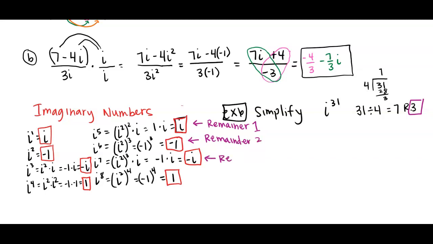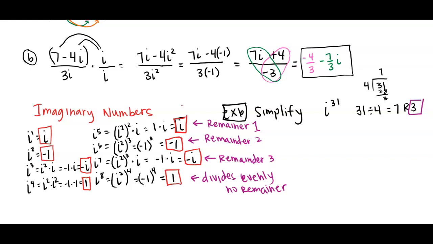When your remainder is 3, you get -i, and when it divides in evenly, meaning it's leaving no remainder, then you'll end up with a 1.